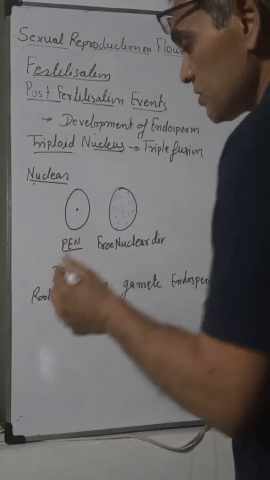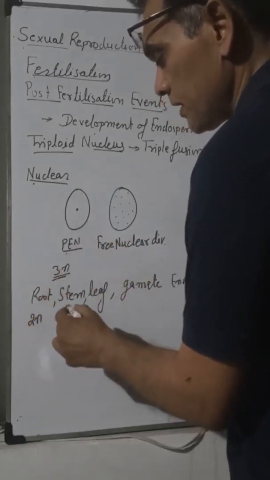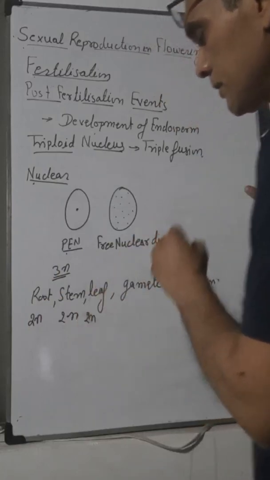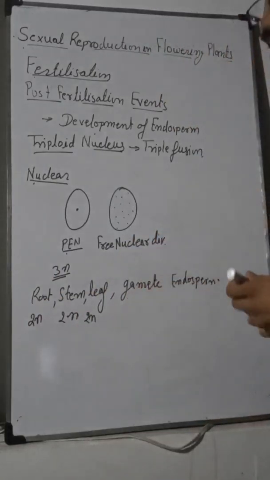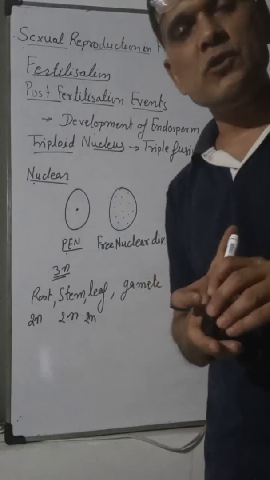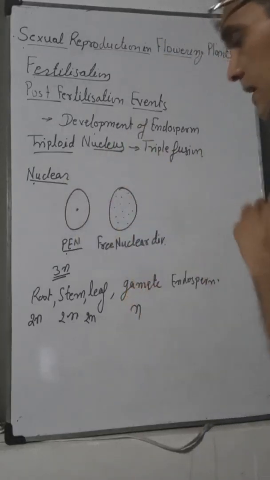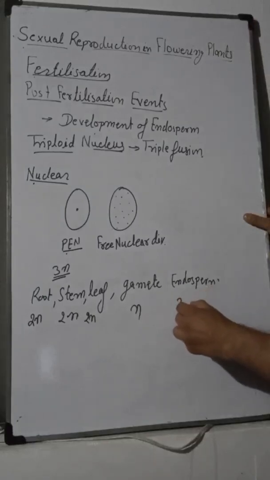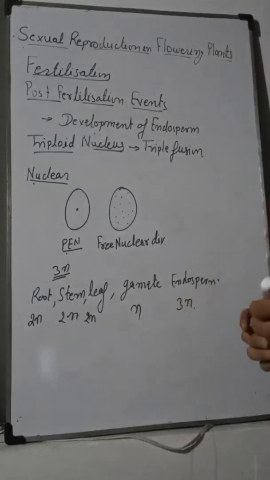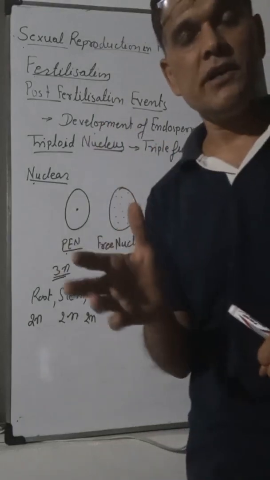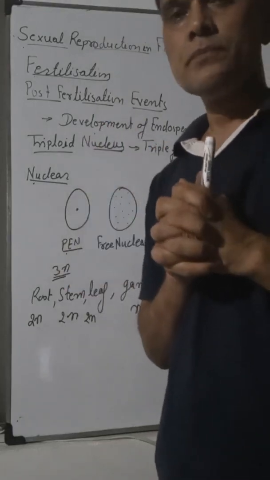So the root is 2n, diploid. Stem is 2n. Leaf is 2n. And gametes, which are formed with the help of meiosis, have the n condition, and endosperm has the 3n condition. Sometimes questions occur in the NEET exam or in different types of competitive exams.